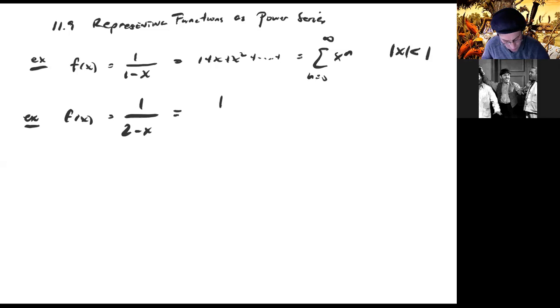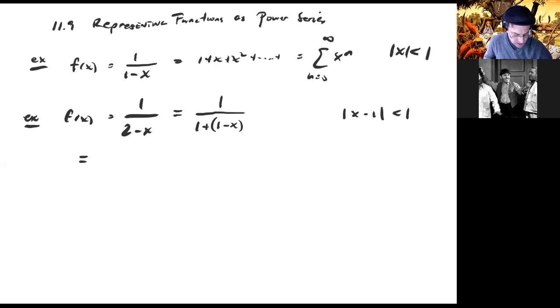We could write this as 1 over 1 plus (1 minus x), grouping the 1 minus x term together, and then provided that the absolute value of 1 minus x, which is the same thing as saying the absolute value of x minus 1 is less than 1, this is going to be the same thing as 1 plus (1 minus x) plus (1 minus x) quantity squared, and so on.